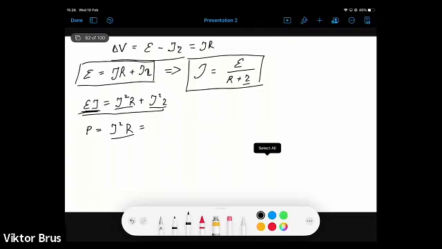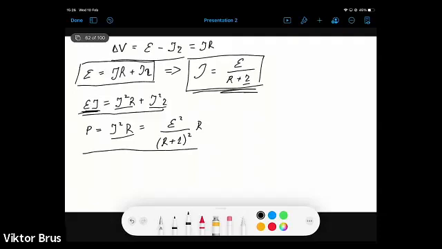And this electric current, we know the expression for this. It's epsilon divided by the sum of load and internal resistance. So it will be P equals epsilon squared divided by (R plus r) squared, times R.